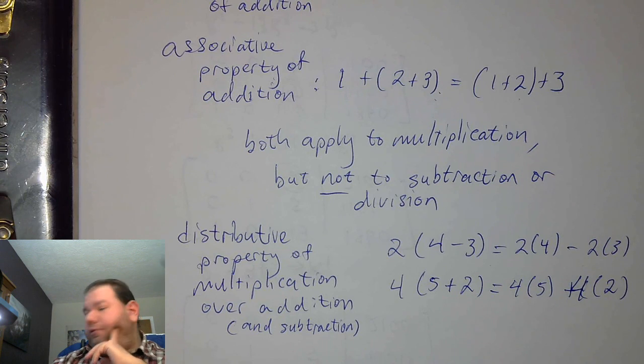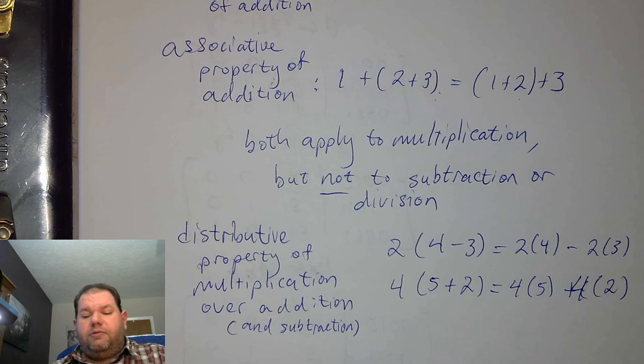Now, all three of those things, commutative, associative, and distributive properties, you're probably familiar with just by working with math in general, although you may not have had a terminology associated with it in your mind, and you may still not, which is okay. The main thing is that you know how it works, and that's the goal.